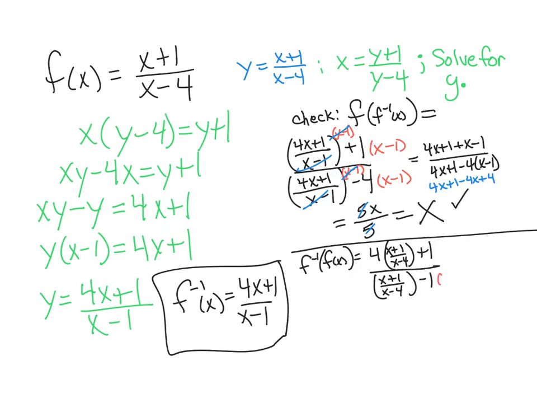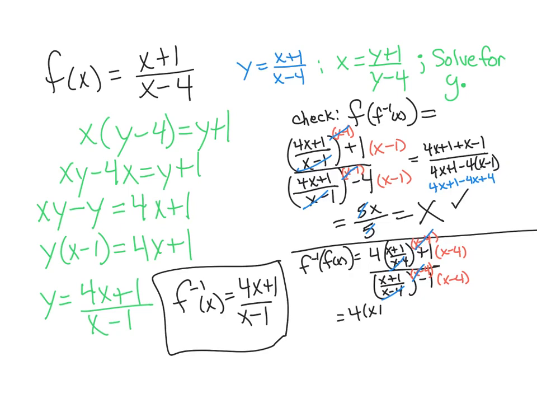Multiply the top and the bottom by x minus 4. It gets distributed everywhere. Always the same process, guys. Bang, bang, bang, bang. What am I left with?